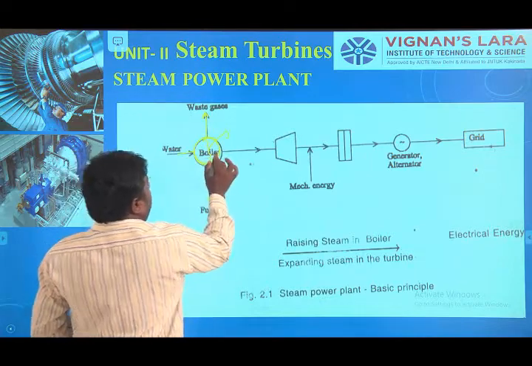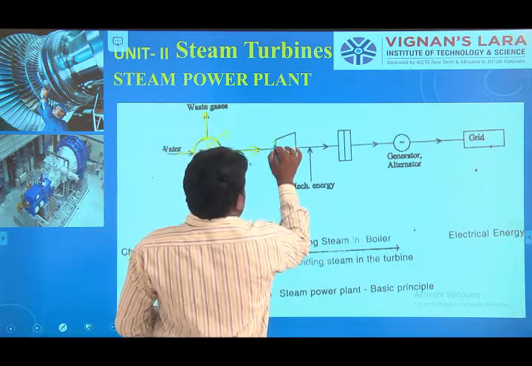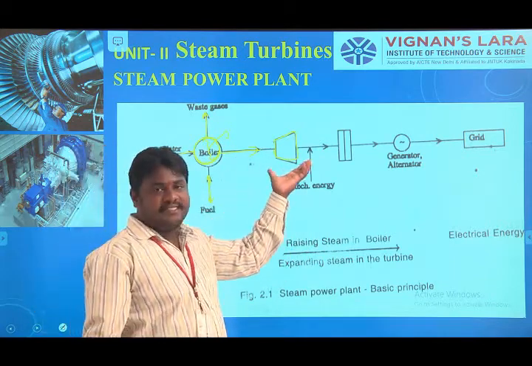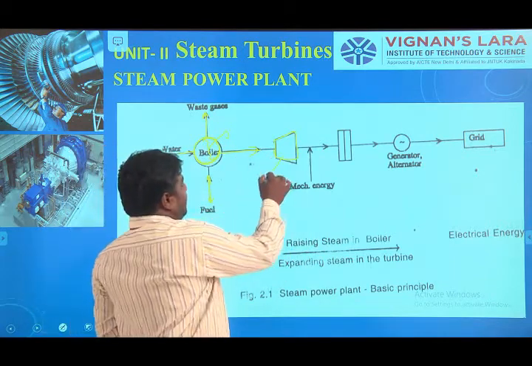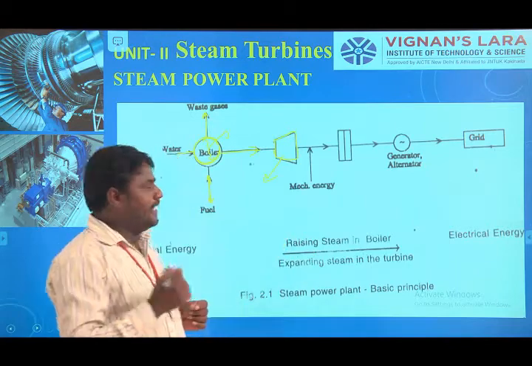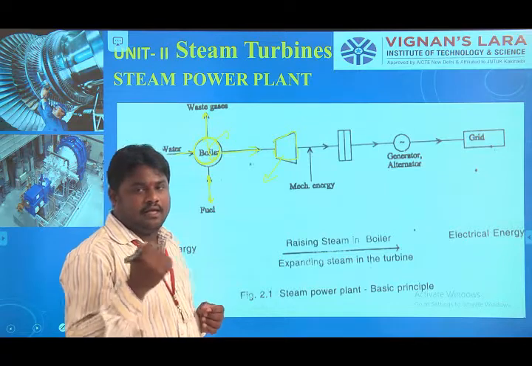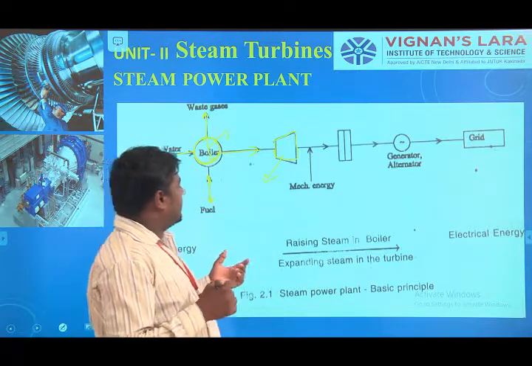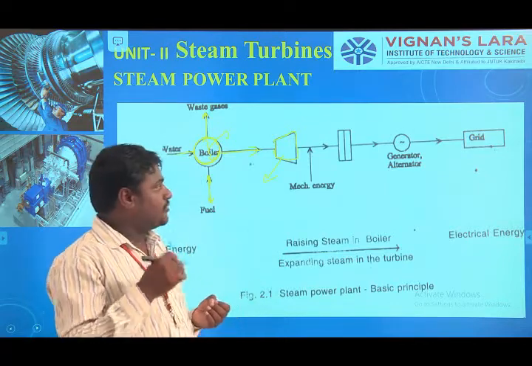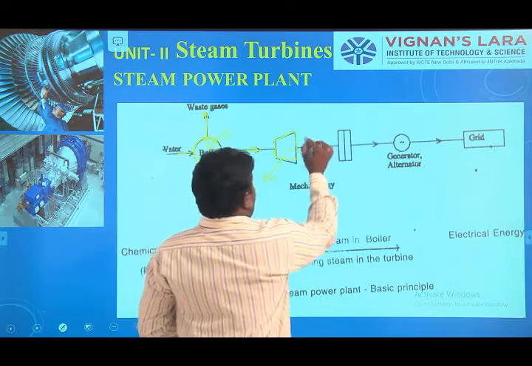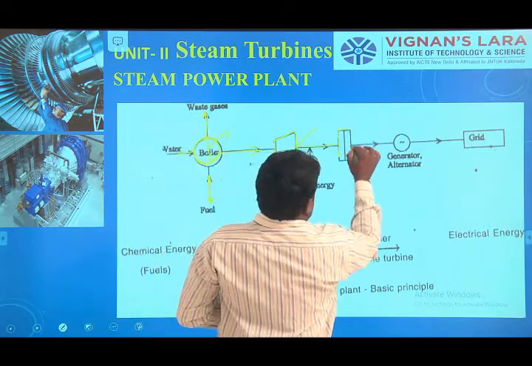This is the process of mechanical energy, which is transferred to the turbine. The main function of the turbine is to rotate the blades radially, and the blades are connected with the shaft. The shaft connects to the generator.